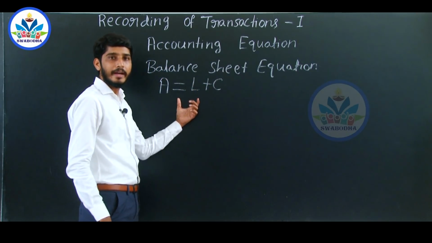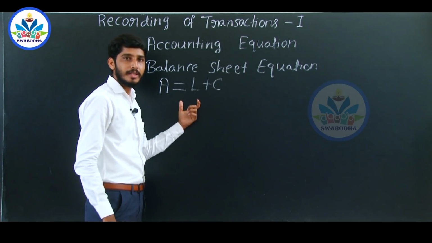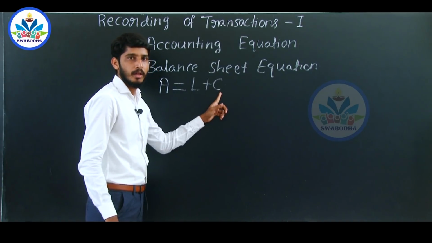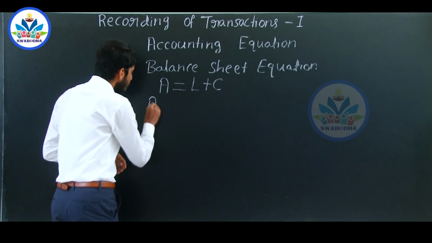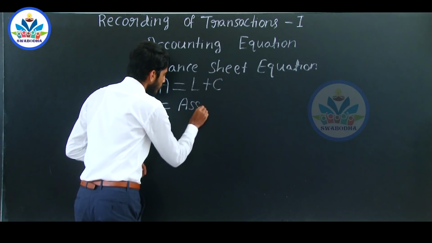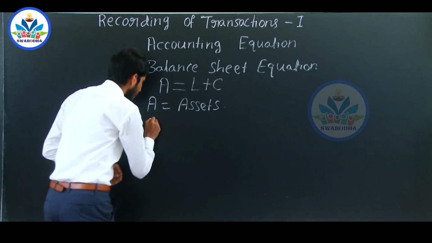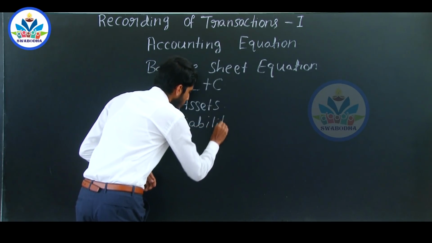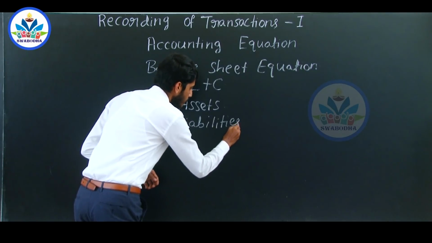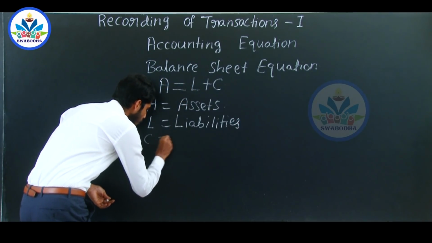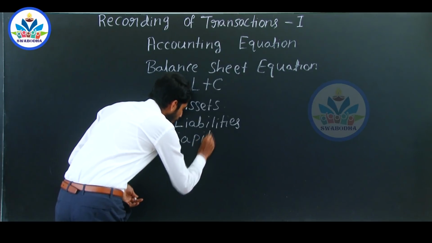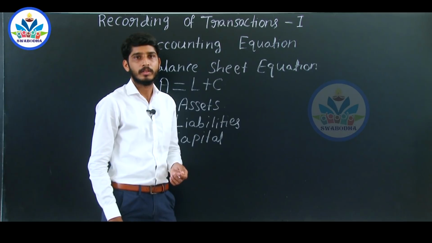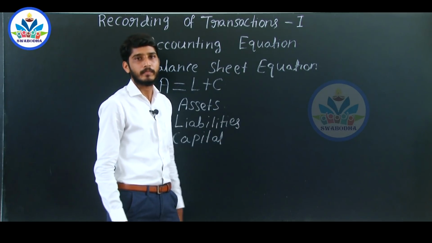Now, this is the accounting equation which shows the relationship between the components of a balance sheet. In the equation, A stands for the assets which are owned by the business, L stands for the liabilities or the responsibilities of the business organization, and C stands for the capital, which is also called owner's contribution or owner's equity.